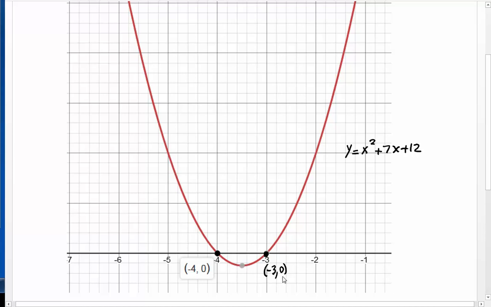So for those 2 points, the y value is 0. And that's when x is -4 and x is -3 exactly. So y is equal to 0 when specifically x is -4 and x is -3.